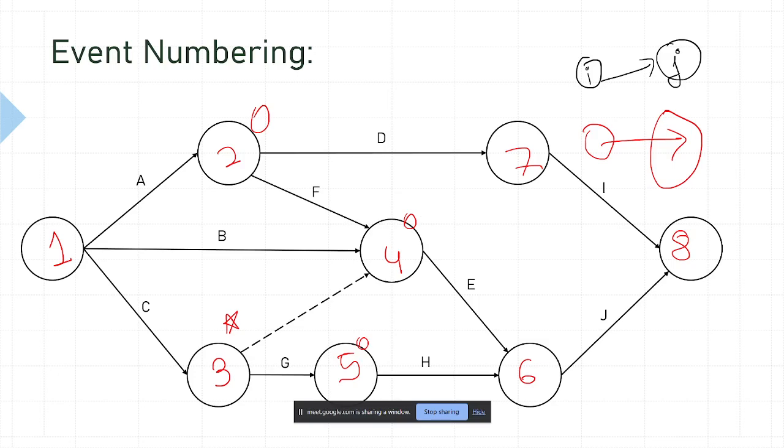Sir, we can identify the start and end of an activity with their event numbers. Okay. Yeah, that helps. See the numbering, we numbered them in a specific logic, right? We followed some logic, we followed some rules. So this makes it easier for anybody else to understand.